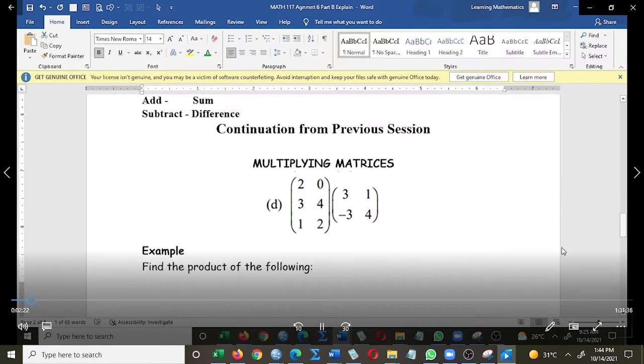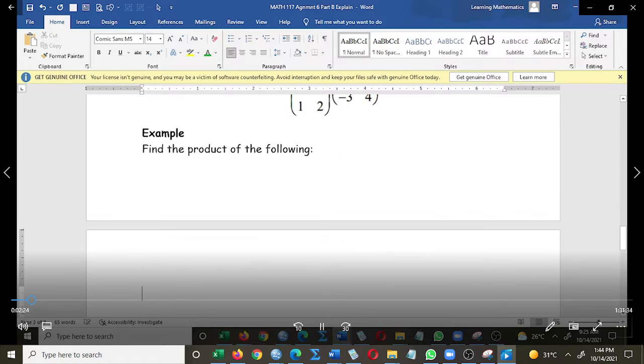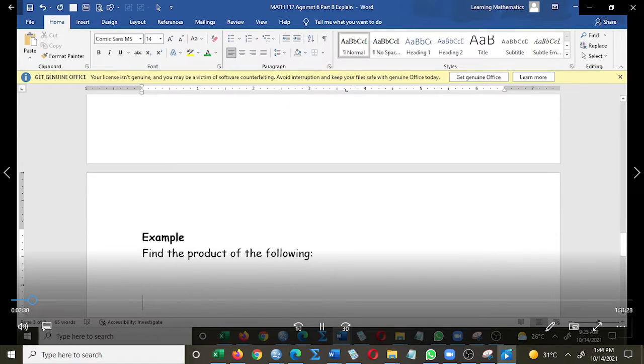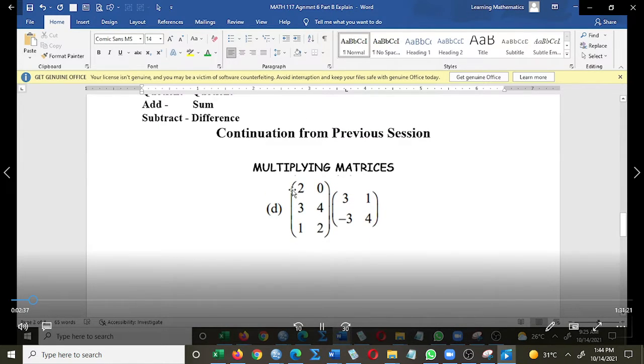So we need to find the product of the following. We go to another line, another page, sorry. So I want an example that's a 3 by 2, 3 rows, 2 columns, times a 2 by 2.